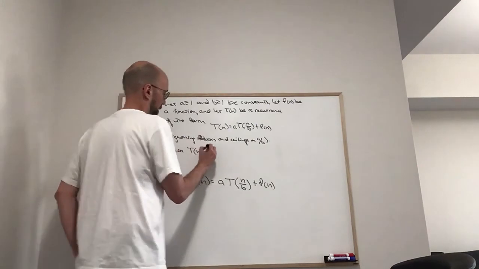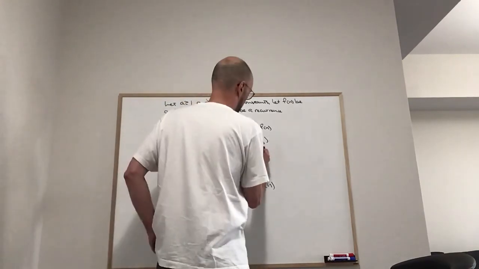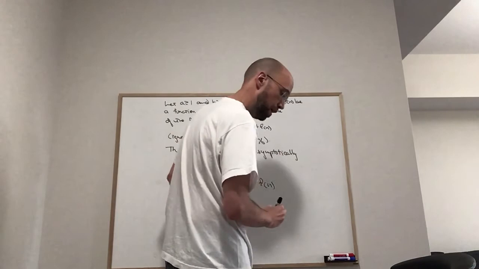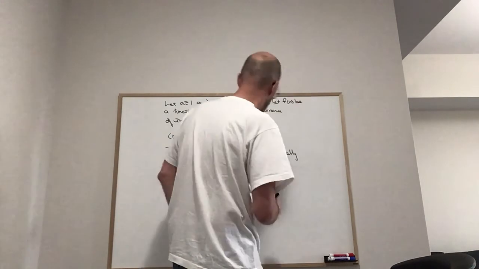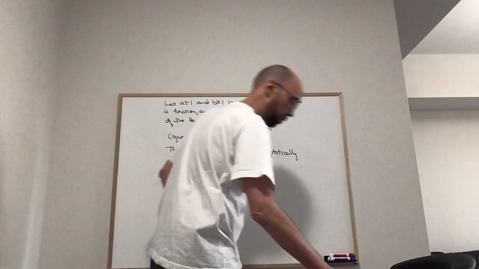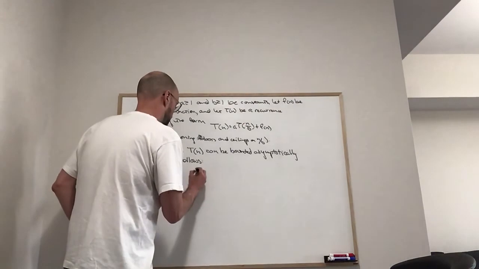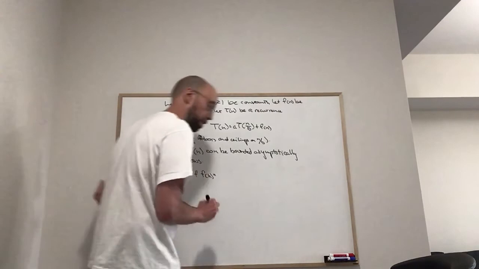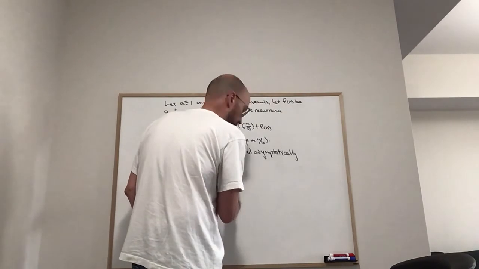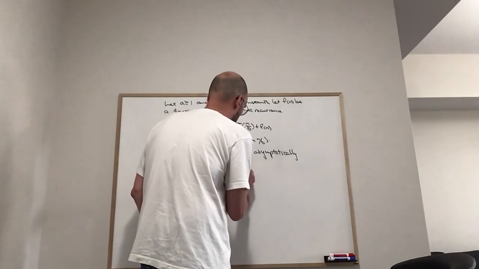Then T of n can be bounded asymptotically as follows. I guess we have three cases. If f of n is O of n to the log base b of a minus epsilon, for some constant epsilon, then T of n equals, even in the book it's theta, n to the log base b of a.